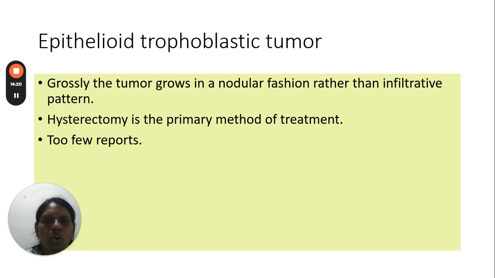Grossly, the tumor grows in a nodular fashion rather than an infiltrative pattern. Hysterectomy is the primary method of treatment, but regarding epithelioid trophoblastic tumor, only a few reports are there. So for placental site trophoblastic tumor and epithelioid trophoblastic tumor, the primary treatment is hysterectomy.